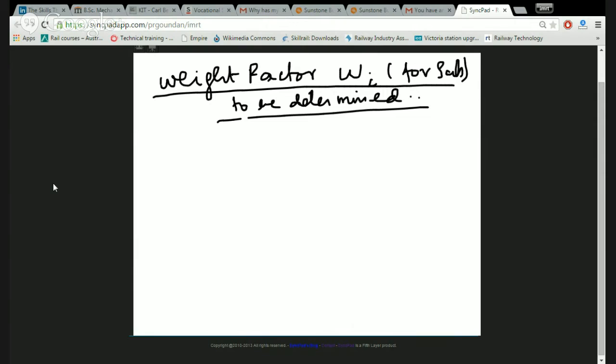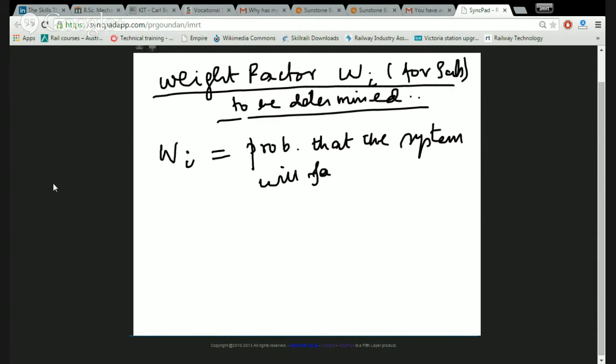So let us take Wi, the weighting factor for the subsystem i, to be the probability that the overall system will fail, given that subsystem i has failed.